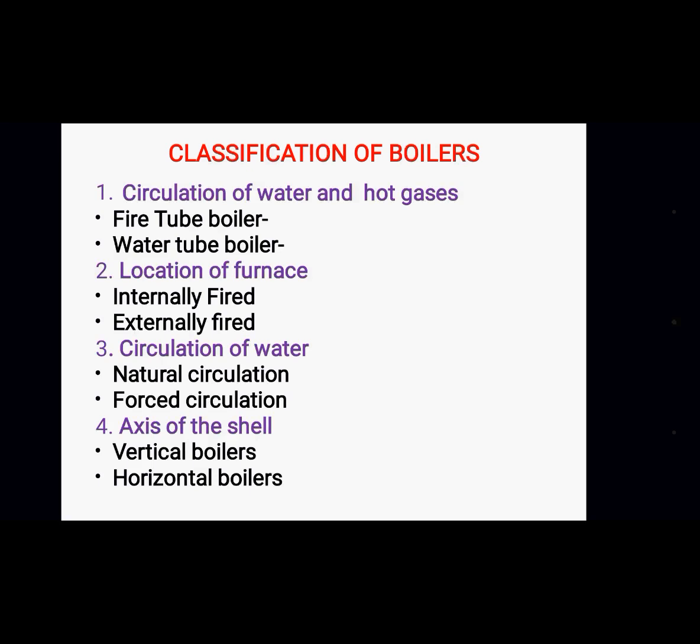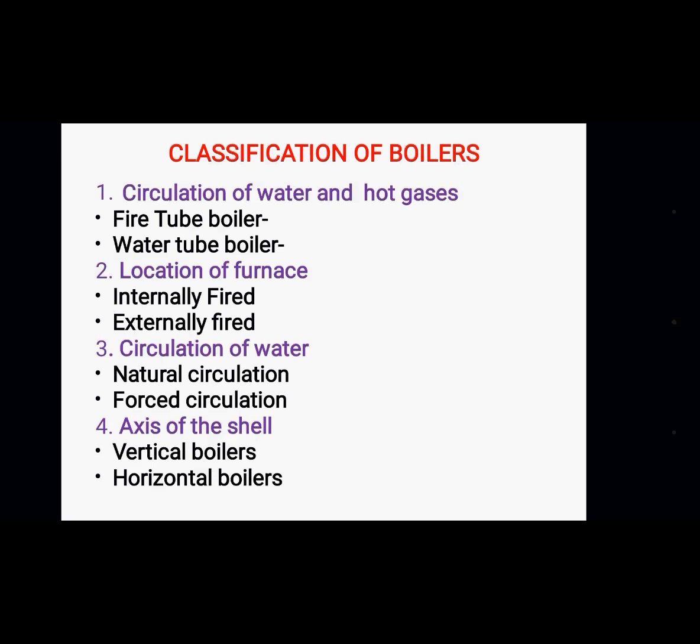And if the combustion chamber is placed outside the boiler, not made an integral part of the boiler, placed outside the boiler drum, it is called an externally fired boiler. So all the water tube boilers fall under the category of externally fired, and all the fire tube boilers fall under the category of internally fired boilers.